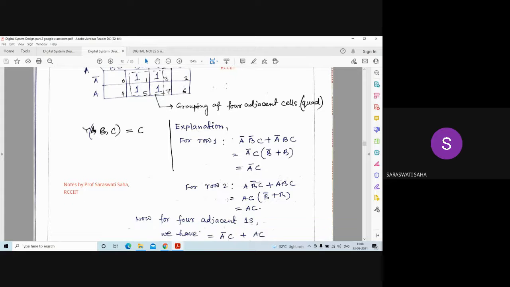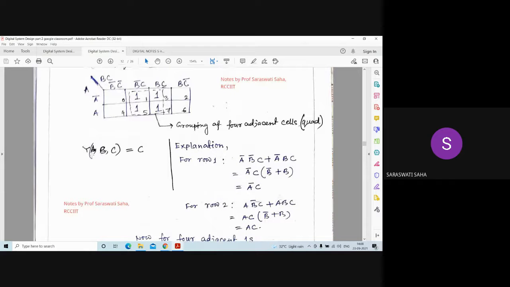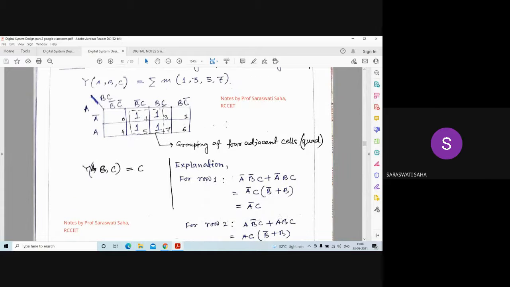Just write y equals C. How? See, for these two, these are horizontally placed, these are vertically placed. From here, you can drop B bar, because all the product terms are in summation between them, because it is sum of product form. Yes, ma'am. This equation is given. Right?